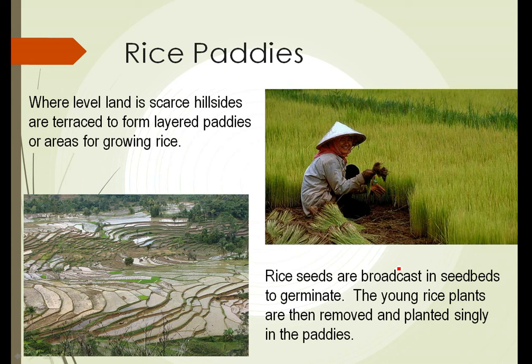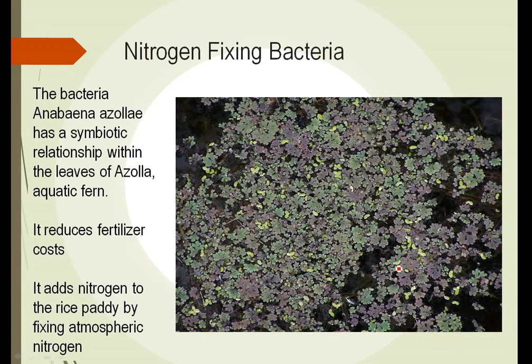They're allowed to grow to maturity, and then an opening is cut in the walls surrounding the paddies, allowing the water to drain out. That then allows the fields to be dried so that people can get in and harvest the rice crop.